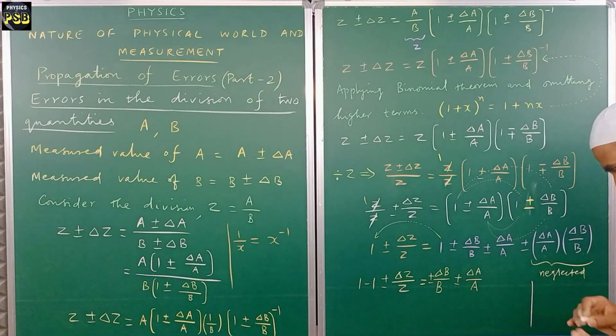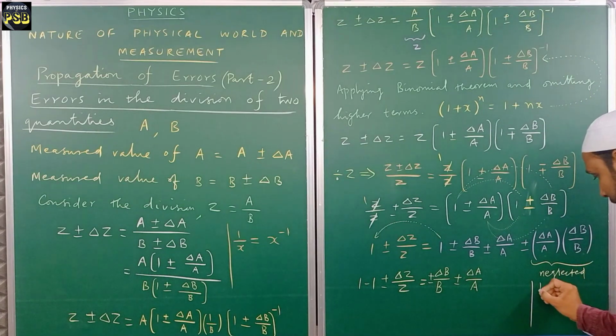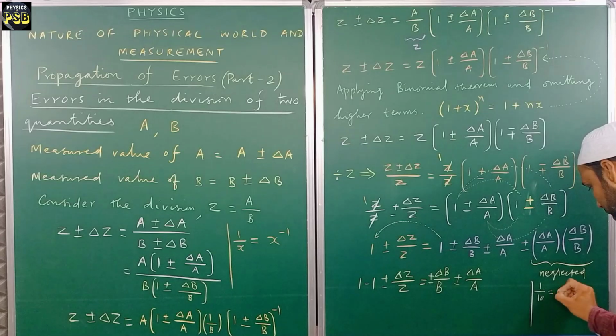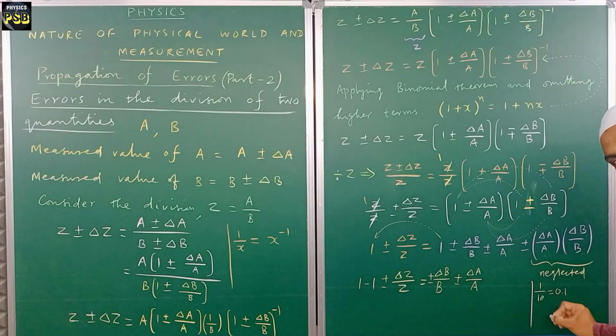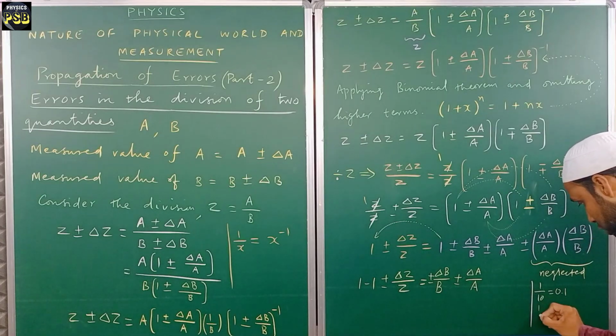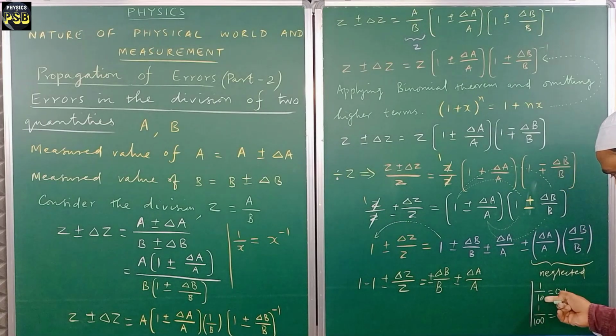Suppose I have 1 and I divide by 10, I get 0.1. If I increase the value in the denominator 10 times, I get 1 upon 100, which is 0.01.